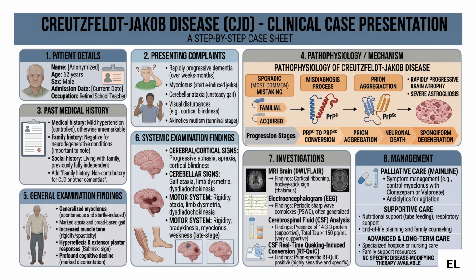Although no curative treatment currently exists, supportive and palliative care can help manage symptoms and maintain patient comfort during the course of the illness. Understanding the clinical presentation and diagnostic approach to CJD is essential for recognizing this rare disease early and providing appropriate patient care and family support.